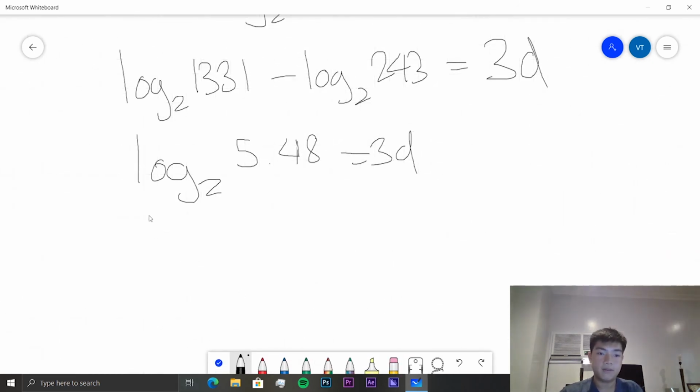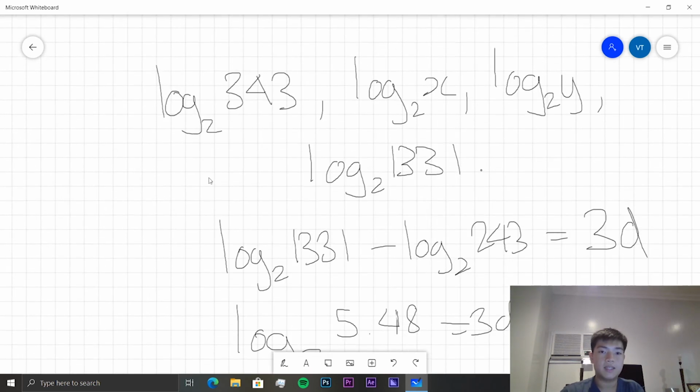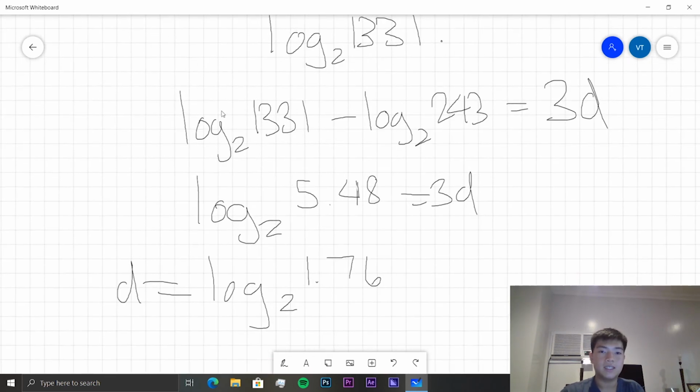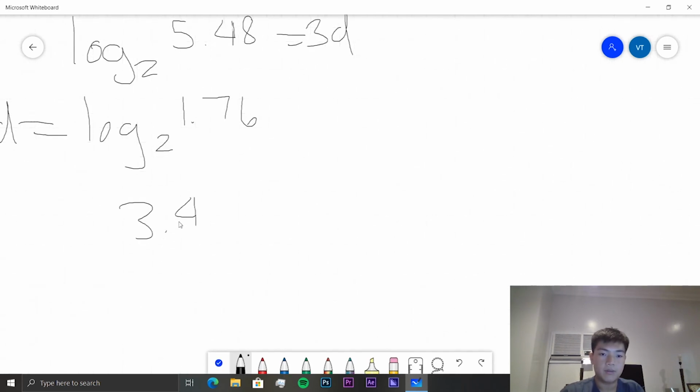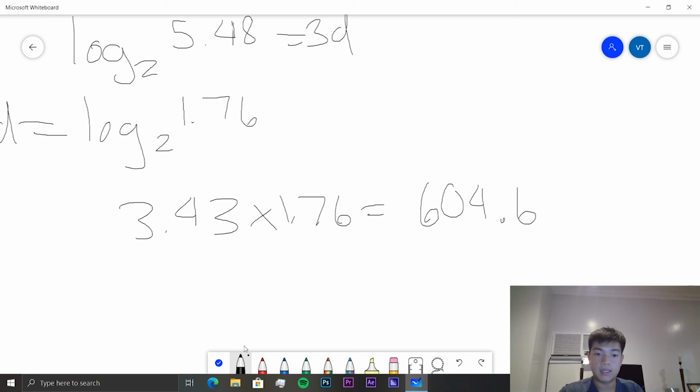So the difference is equal to log 2 of the cube root of that answer, so log 2 of 1.76. And to get the second term, or x, we need to simply multiply 343 by 1.76. I got 604.6 as my answer.